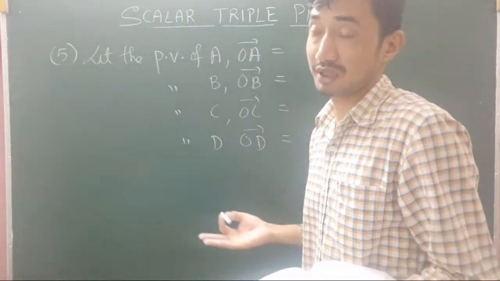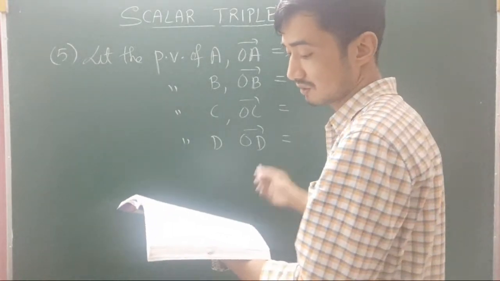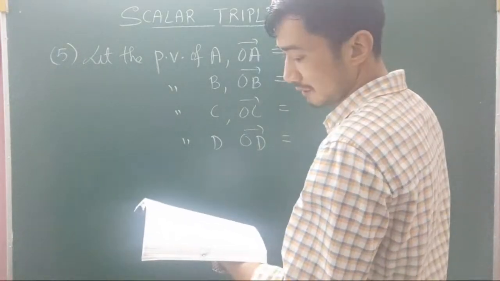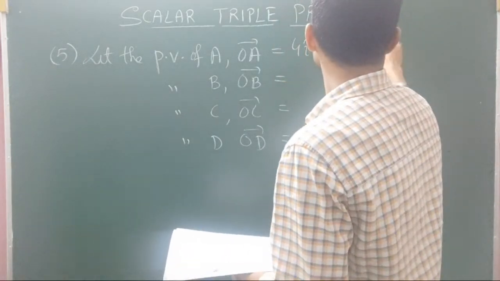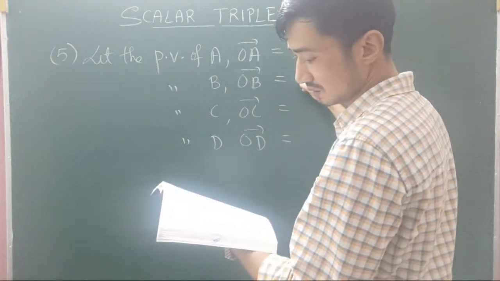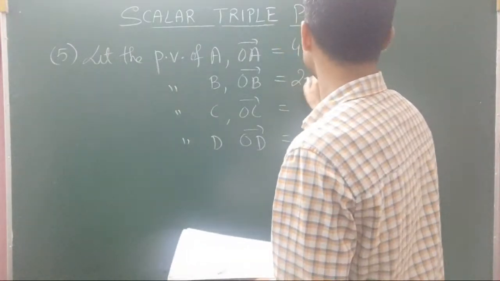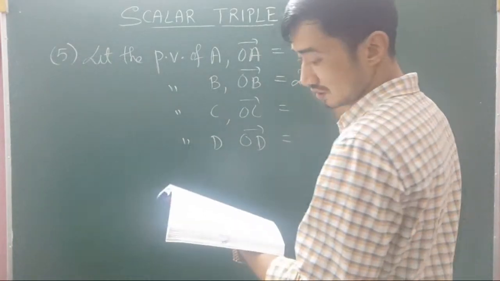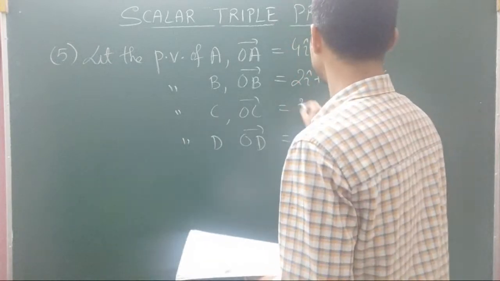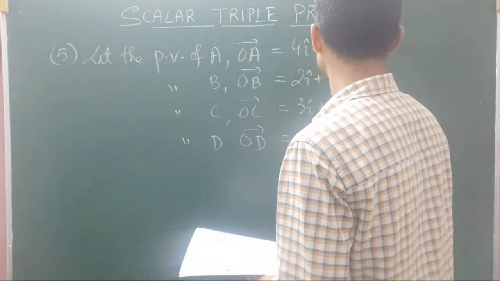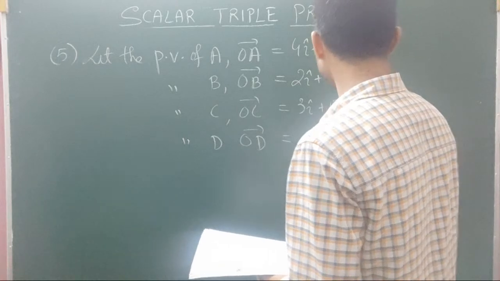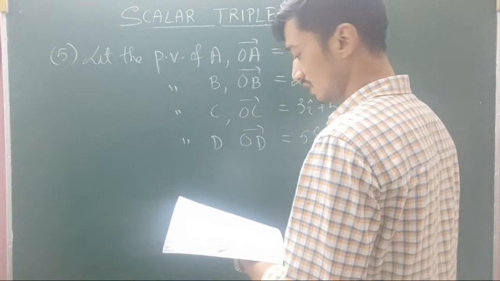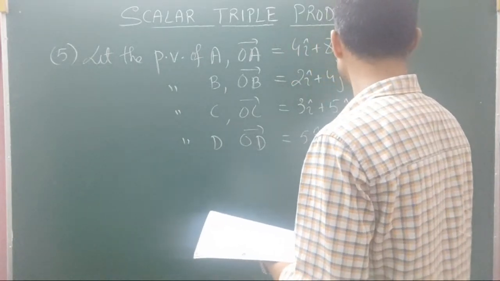So OA is 4i plus 8j plus 12k, OB is 2i, 4j, 6k, OC is 3i, 5j, 4k, and OD is 5i, 8j, 5k.